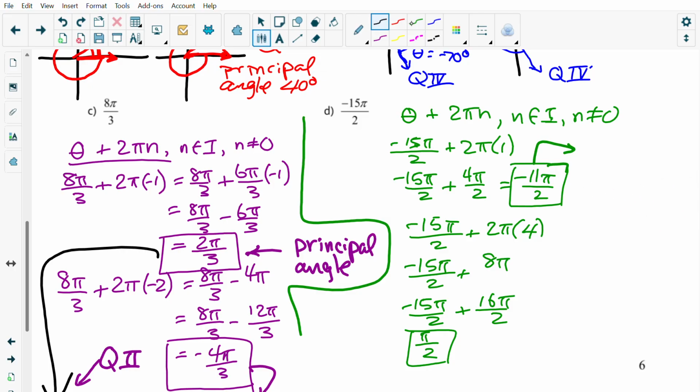Oh, sorry. Let me back that up. Start all over here. So I'm going to draw my graph here. This is how it's going to look. Let me do this correctly.